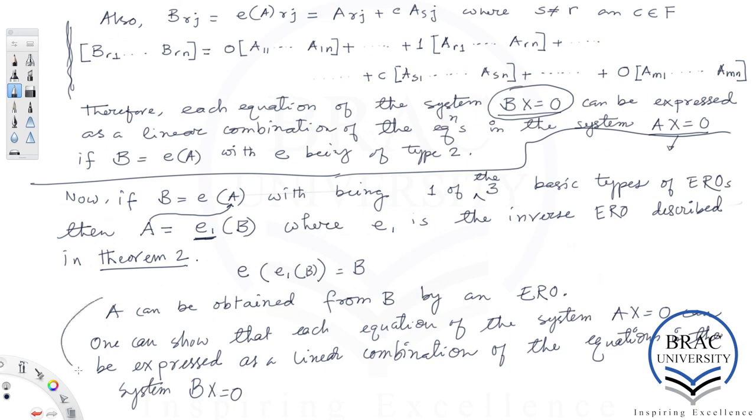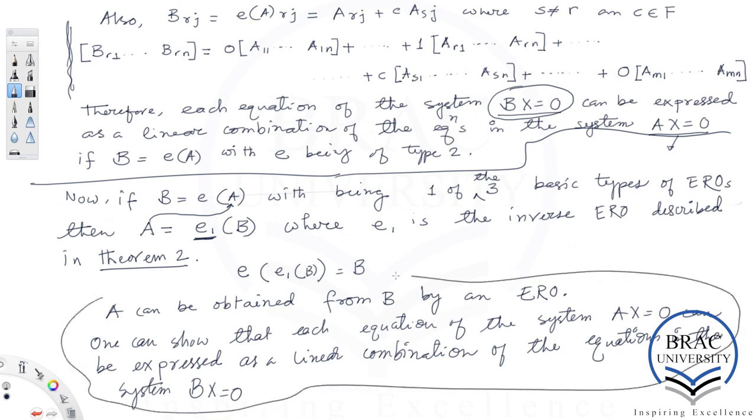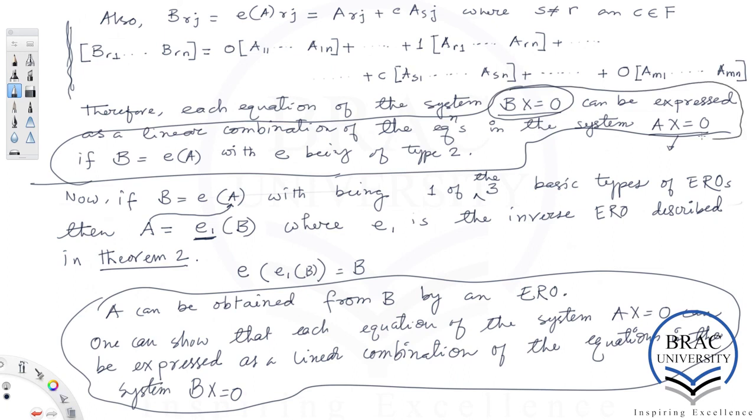What we were looking for. Okay, so together, we immediately see that each equation of the system Bx equal to 0 can be written as a linear combination of the equations in the system Ax equal to 0, and each equation of the system Ax equal to 0 can be written as a linear combination of the equations in the system Bx is equal to 0.